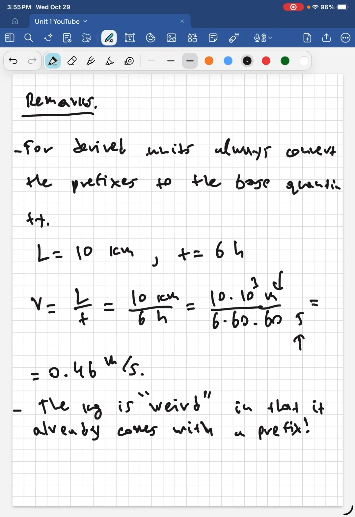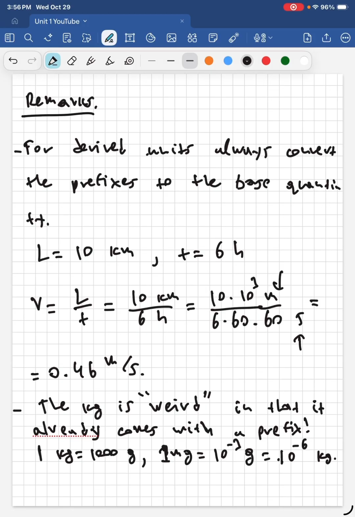Okay, so you have to be careful because 1 kilogram is actually 1,000 grams, but then 1 milligram, for example, is 10 to the negative 3 grams, therefore is 10 to the negative 6 kilograms, okay? You need to be extremely careful with that. So that's all when it comes to units.